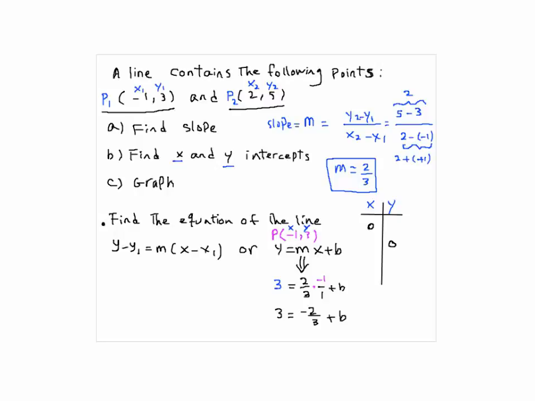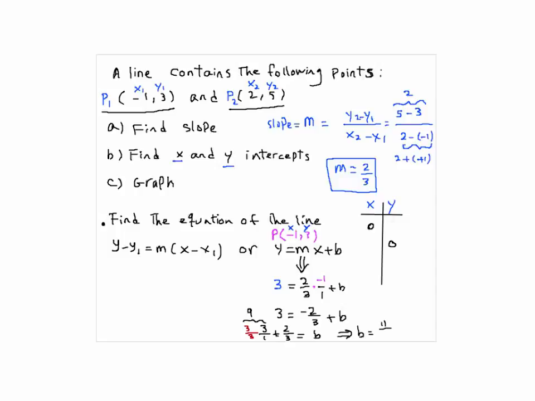Now how do you solve for b? You have to add 2/3 to both sides of the equation. So that's your y-intercept. The LCD here is 3. So b would be equal to 9/3 plus 2/3, 11/3.